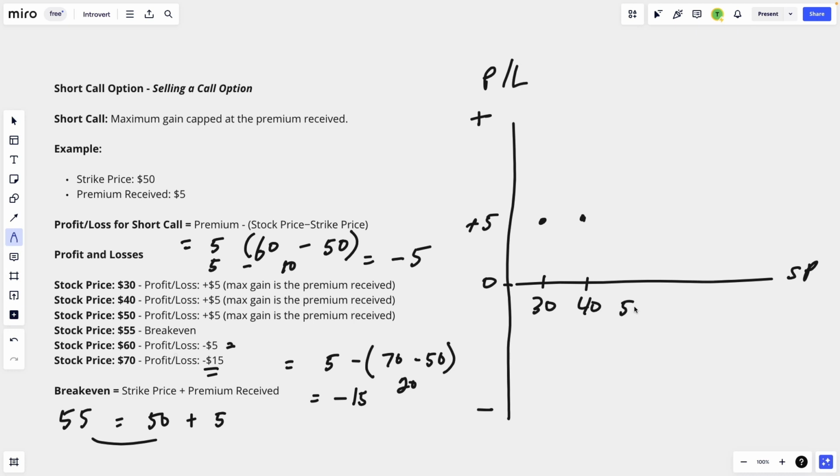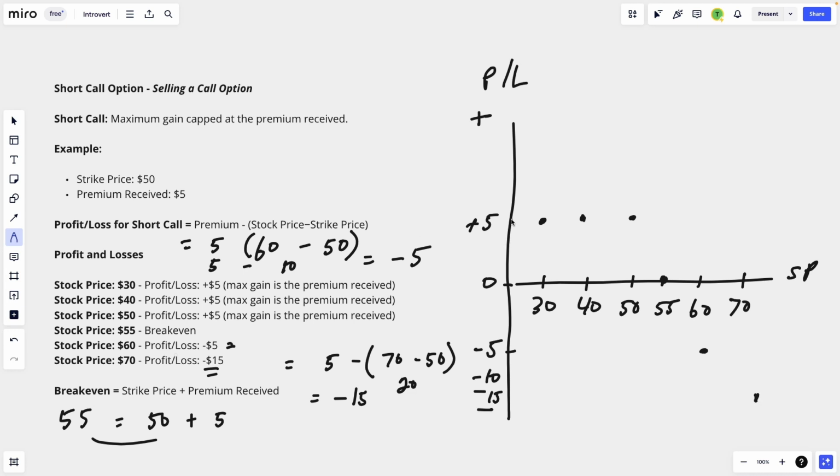And when the stock price is 50, we are up $5. And at 55, we are right here breaking even. And at 60, now we are -5. So we're -5 right here. 60 and -5. And at 70, we are -15. So we are down there.